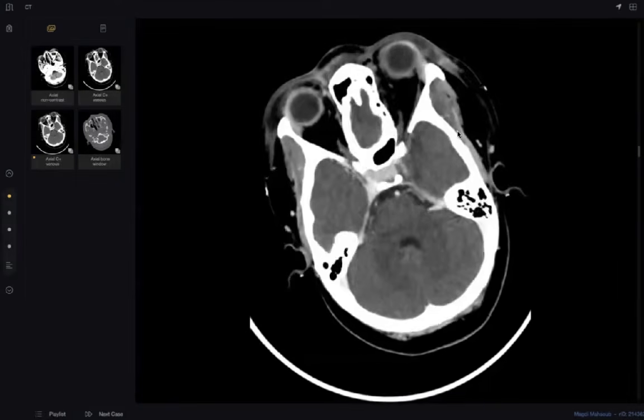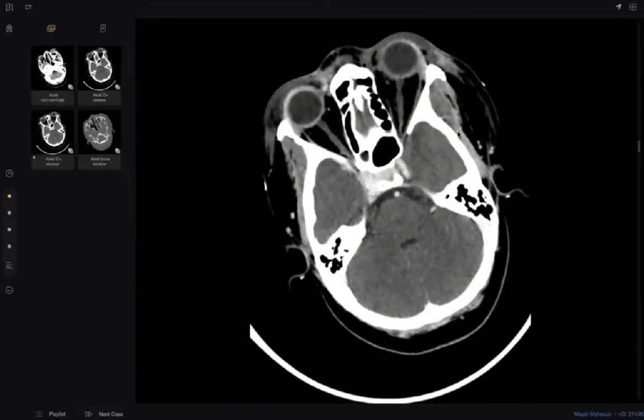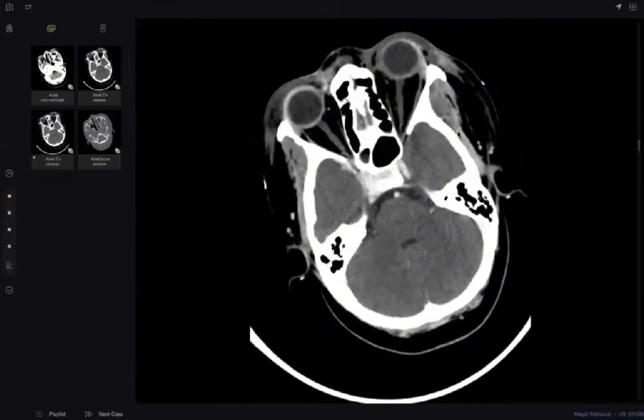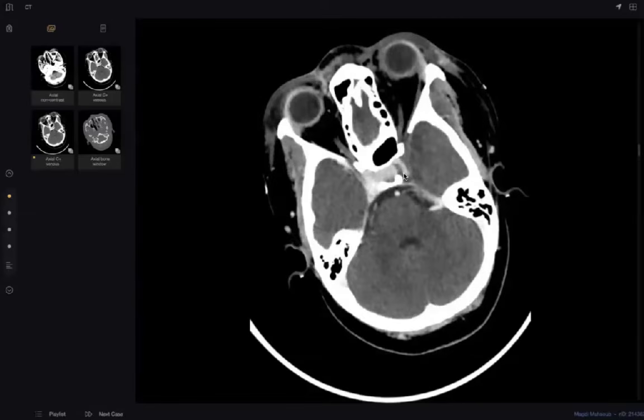When you see any evidence or doubt of superior ophthalmic vein thrombosis, look at the cavernous sinus. If you compare right with left, here we can see only the carotid segment, but around it you can't detect any enhancement. Is it clear? Compare.